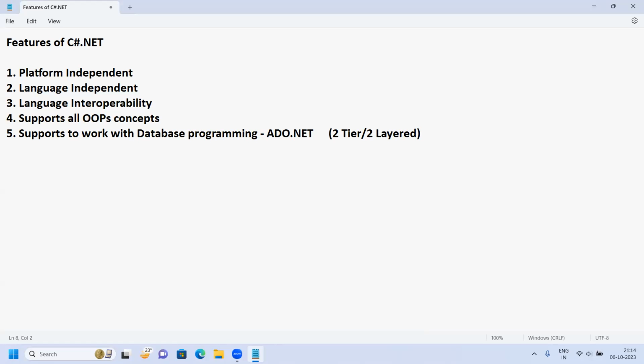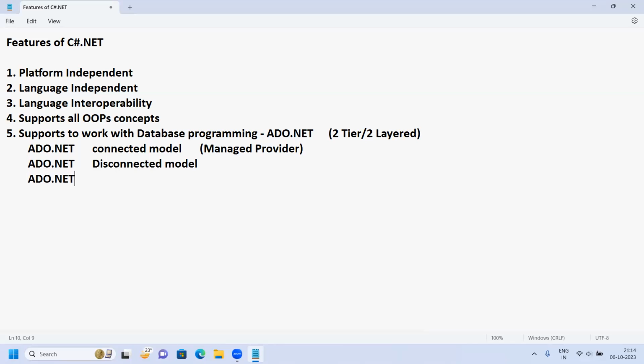One more interesting thing I would like to highlight here. In this ADO.NET, we are going to cover three modules. One is the ADO.NET connected model, that you call managed provider in C#. Second, the ADO.NET disconnected model. And third, the ADO.NET entity framework, that you also refer to as EDM, the entity data model.